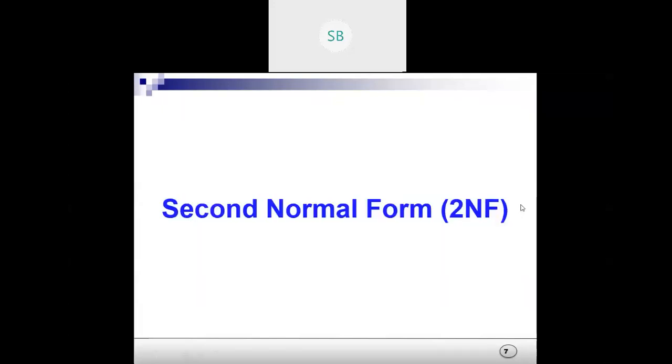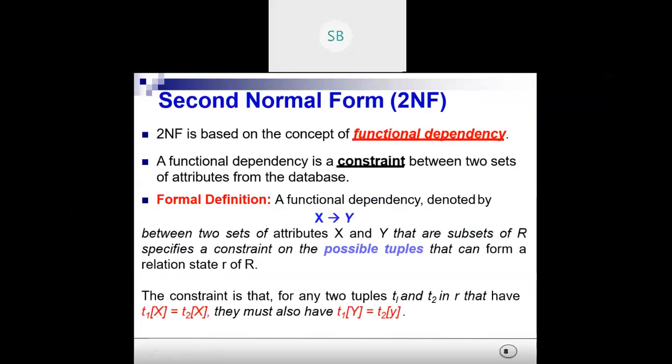Next, moving to second normal form. This second normal form is a bit complicated, but if you understand it, it's okay. Like in first normal form we had the domain dependency, here we have something called functional dependency. 2NF is based on the concept of functional dependency.